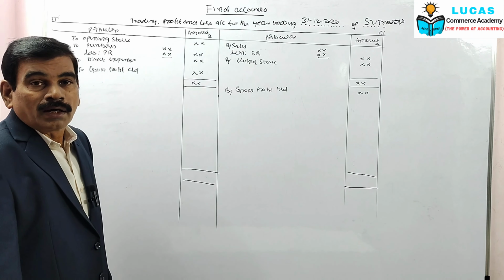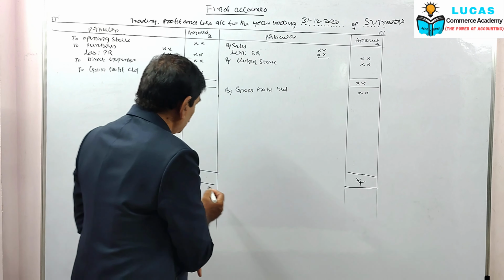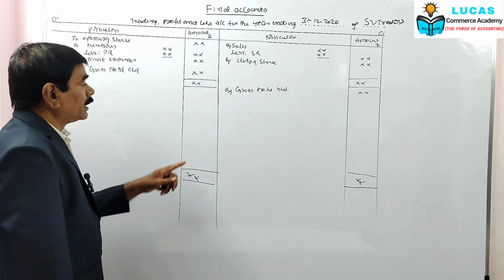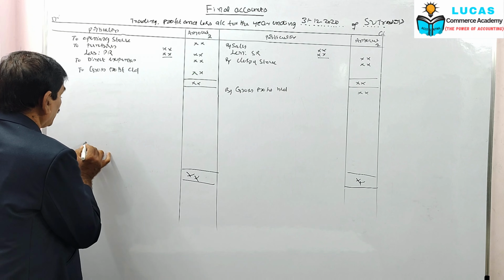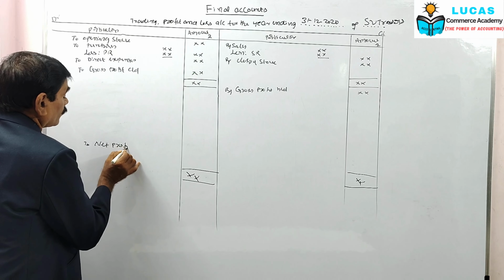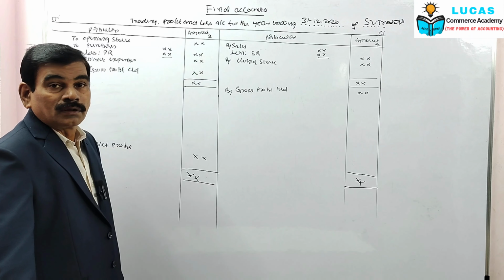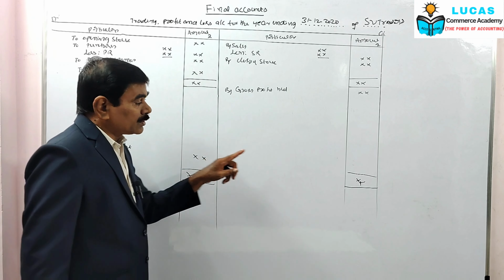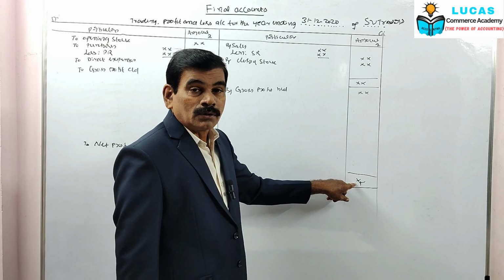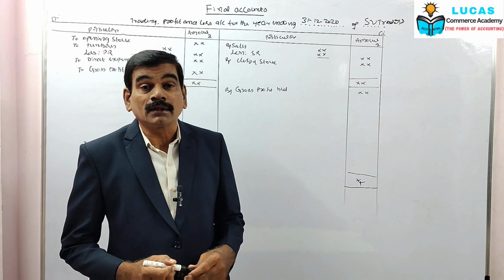If the credit side total of the trading profit and loss account is more than its debit side, then the balance indicates net profit. If the debit side total is more than its credit side total, then the balance of this account indicates net loss.